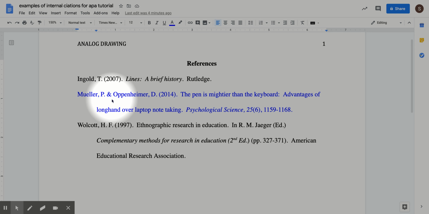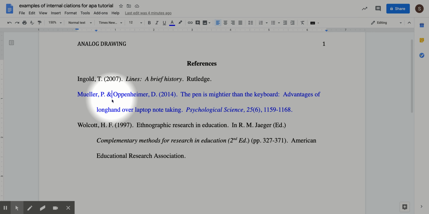But if you cited or mentioned Mueller and Oppenheimer's names in the body of a sentence, so if you said, Mueller and Oppenheimer argue that we should take notes by hand because it allows our brain to synthesize information more accurately, right? I said their names in the body of the sentence. When I was writing it out, I would write down Mueller, A-N-D, Oppenheimer, not Mueller ampersand Oppenheimer.